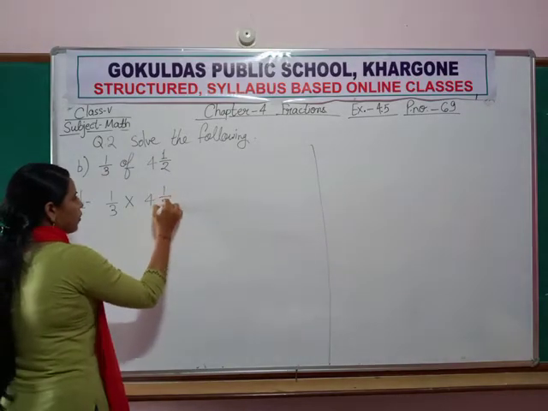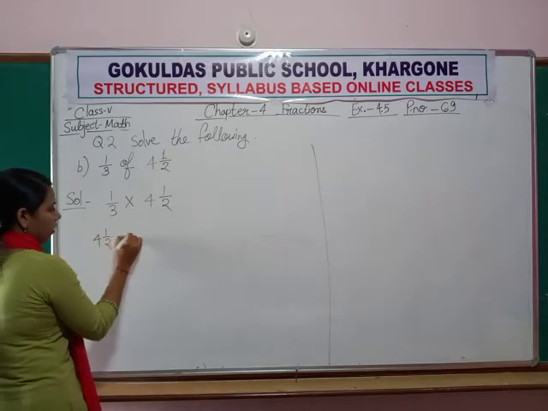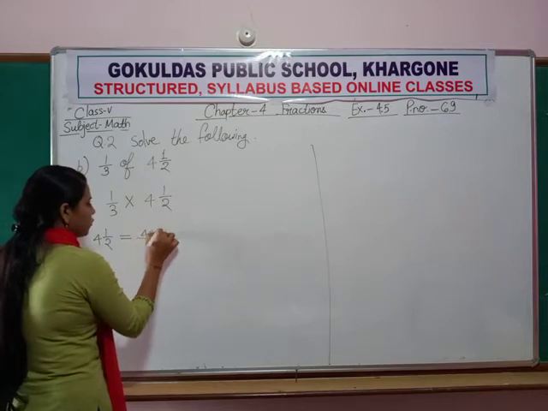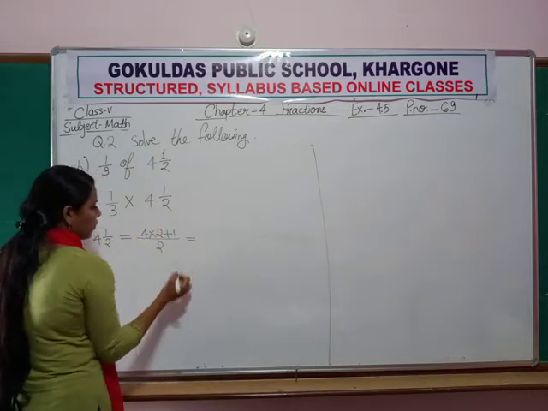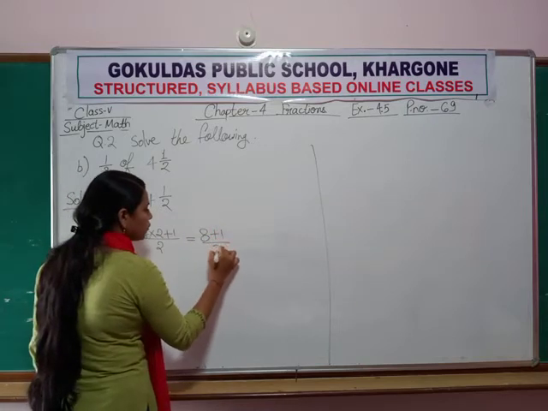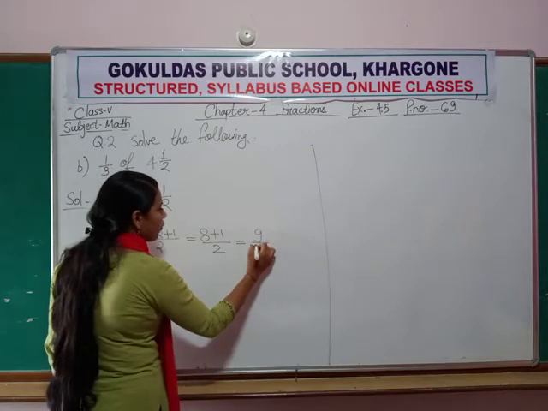Now 4 1/2, first of all convert it. 4 into 2 plus 1 upon 2 equals 4 into 2 is 8, plus 1, gives us 9 upon 2.